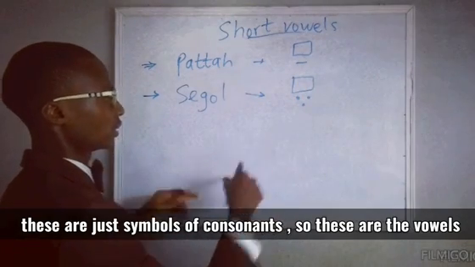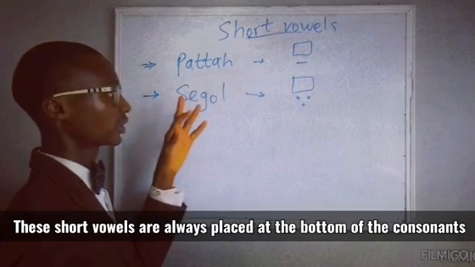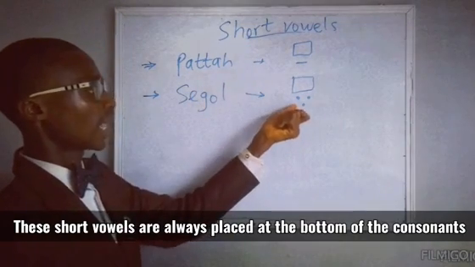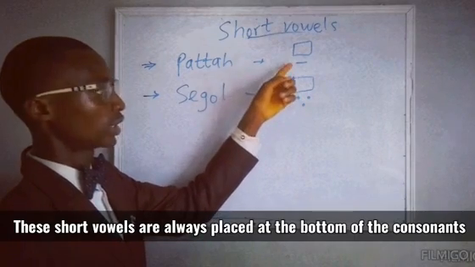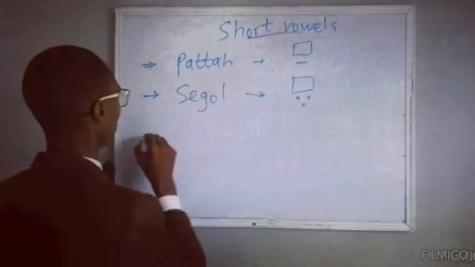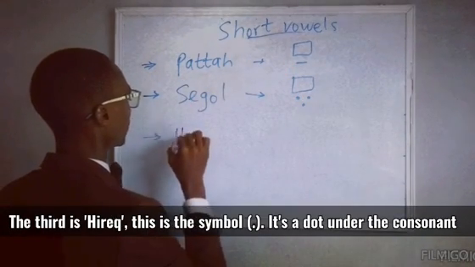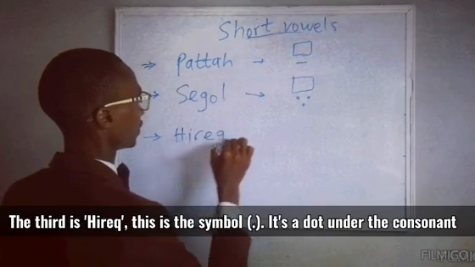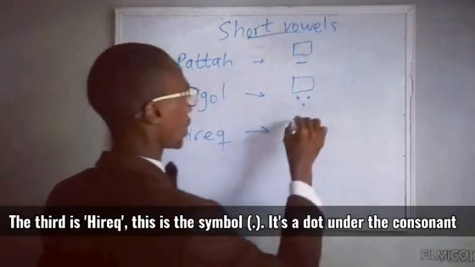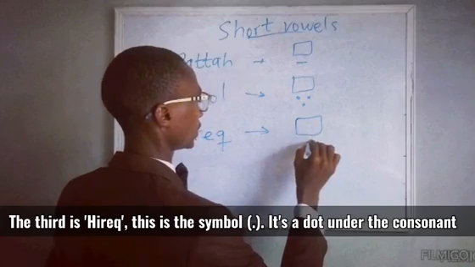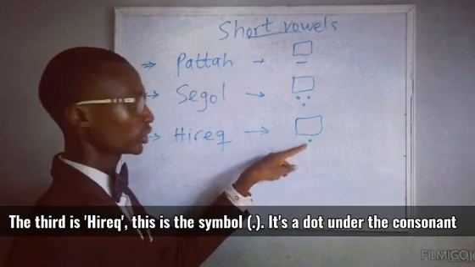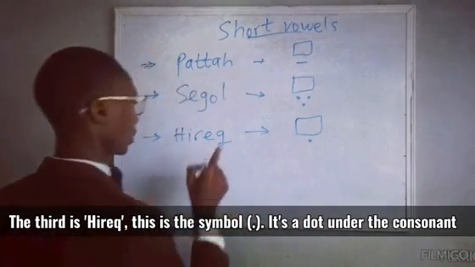These short vowels are always placed at the bottom of the consonants. Then the third is irek, a dot under the consonant.